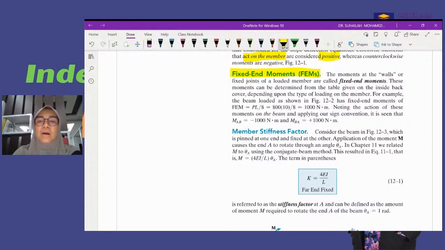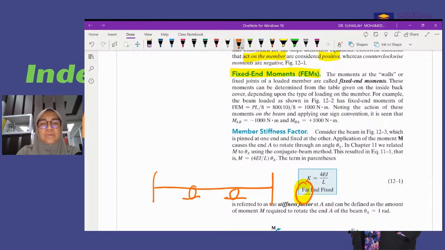Because we use the term far end fixed if we have a structure like this, with A, B, C and D, and we have to calculate the member stiffness factor for member AB, member BC, and member CD.